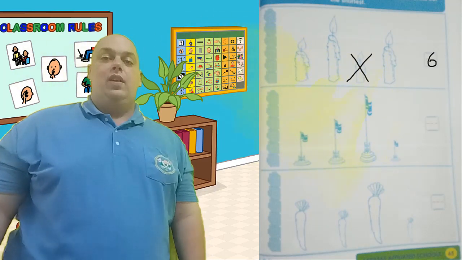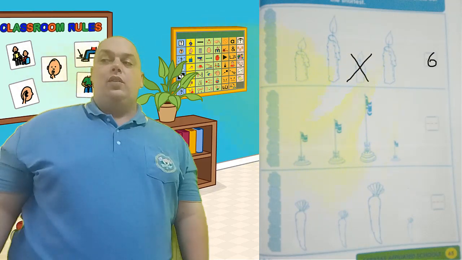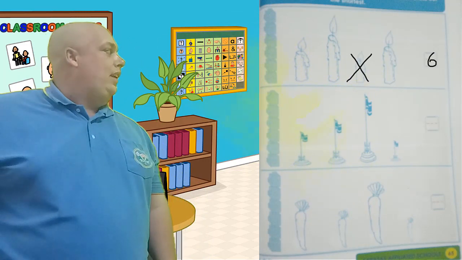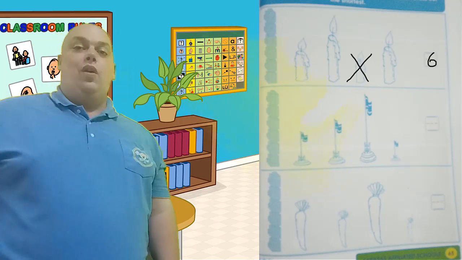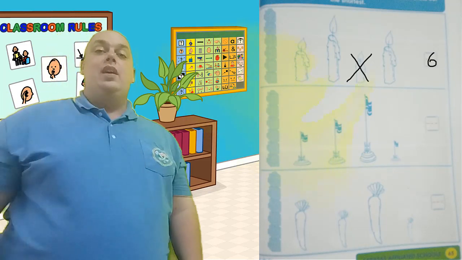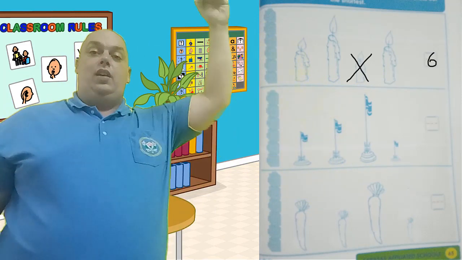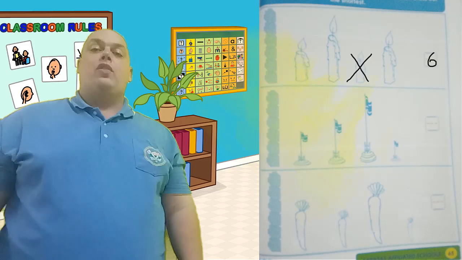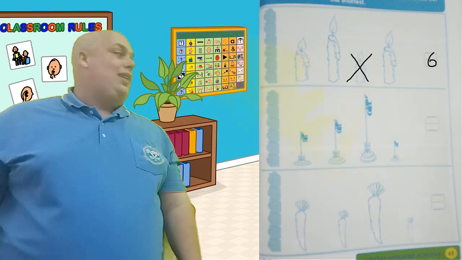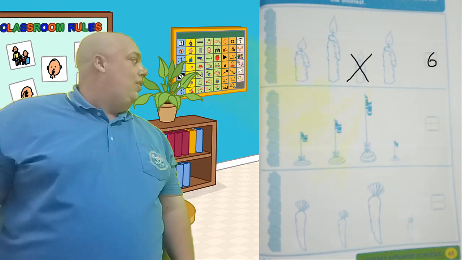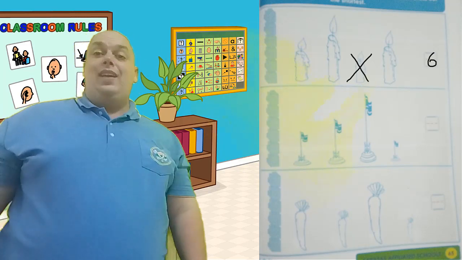The flags? Okay, well, let's have a look at the flags. Again, which one is the tallest? Is it flag number 1, 2, 3, or 4? Yes, flag number 3 is the tallest. So we're going to count again how many blocks tall that flag is. Let's count. 1, 2, 3, 4, 5, 6. 6 again.